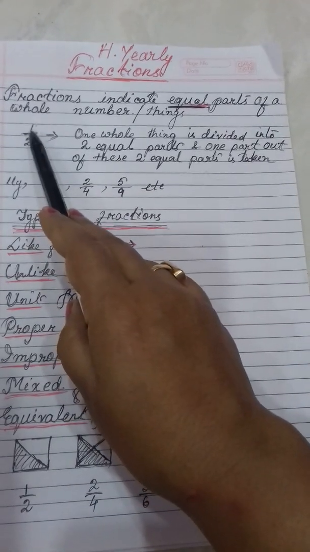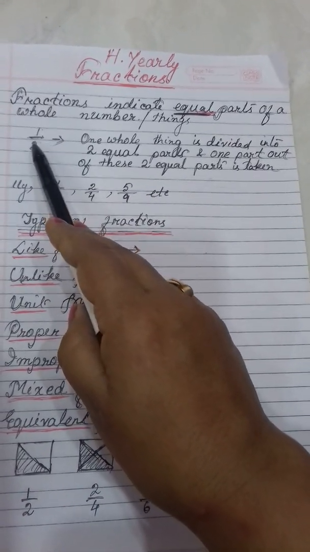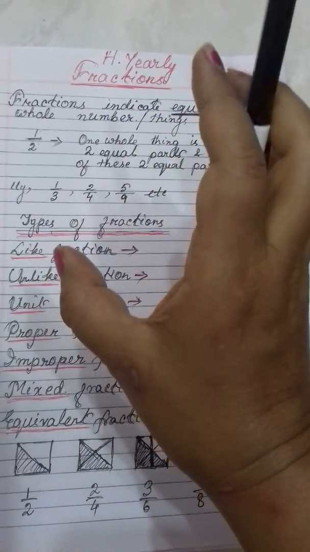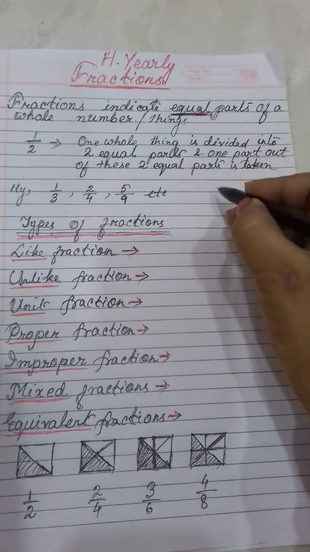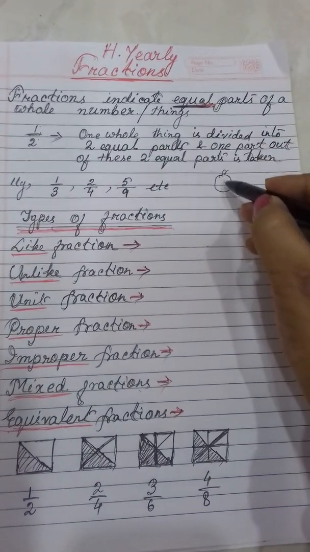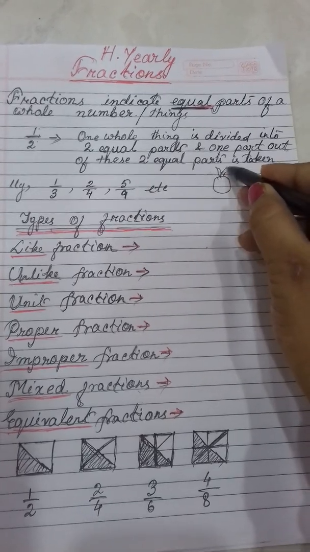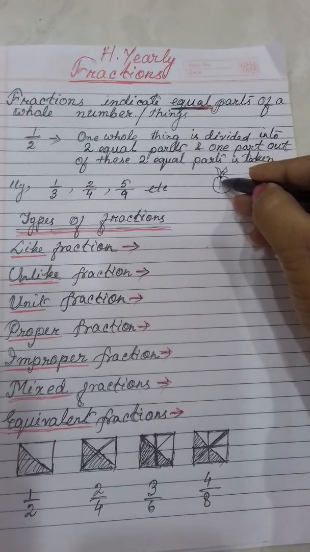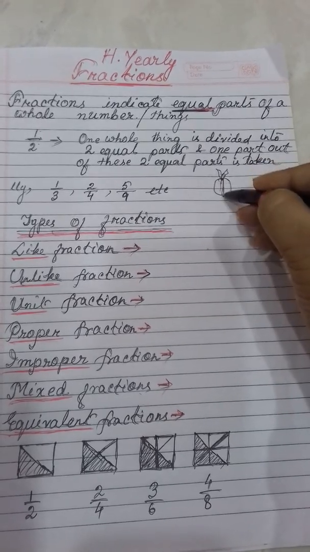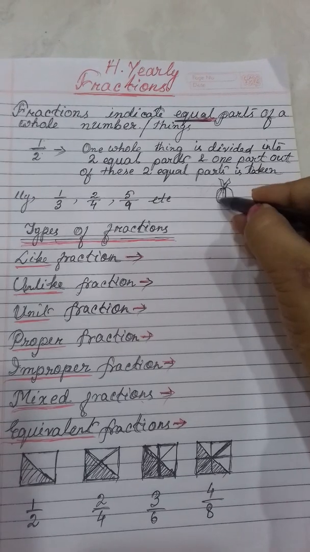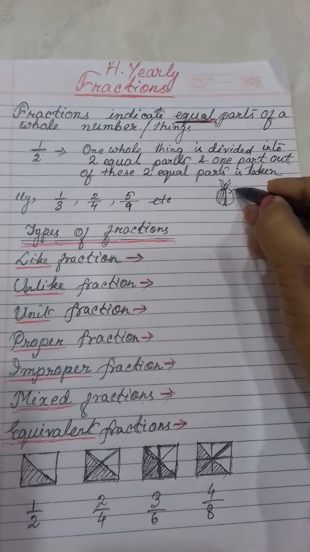Suppose any one whole, suppose one apple. If you consider one apple, clear? This apple, suppose you have divided into two equal parts. Out of these two equal parts, suppose it is one part, it is another part.